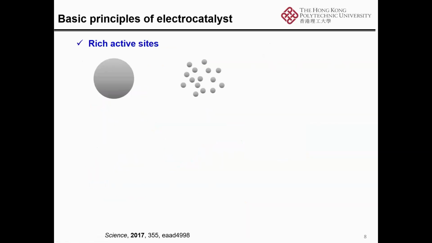So for the catalyst development, especially for electrochemical processes, there are some requirements. First, we should have more active sites to give more activity for materials. So we need to change the materials by construction of the materials.